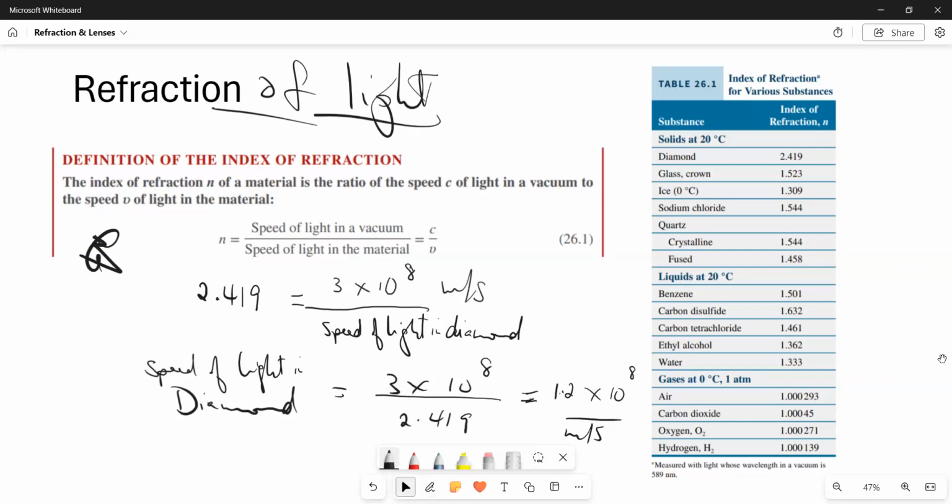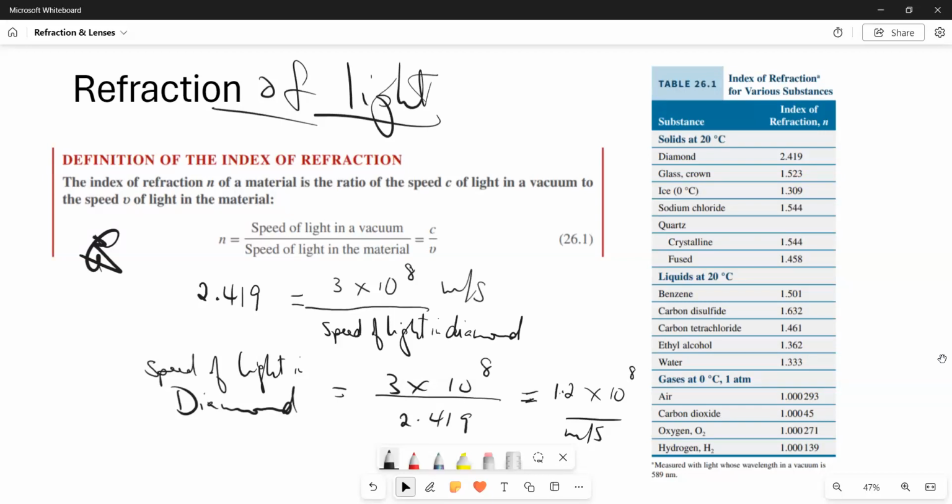And you can understand why. Because diamond is a very hard substance, and hence it will oppose the movement of the light. That's one explanation as to why there's that slowing down. You remember we talked about that theory where they're saying that light is possibly a particle called a photon.